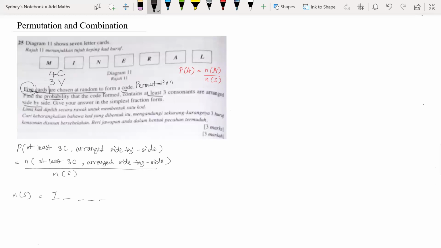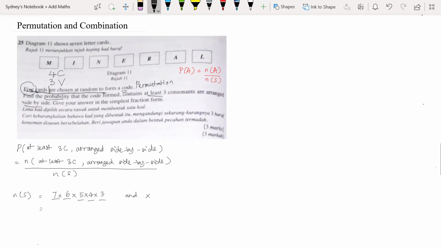Once we select one and fill in the first blank, we're left with 6 letters for the second empty space. After that, we're left with 5 choices, then 4 choices, and 3 choices. Notice that I mentioned the word 'and', which means multiply. Therefore, 7 ways times 6 ways times 5 ways times 4 ways times 3 ways.